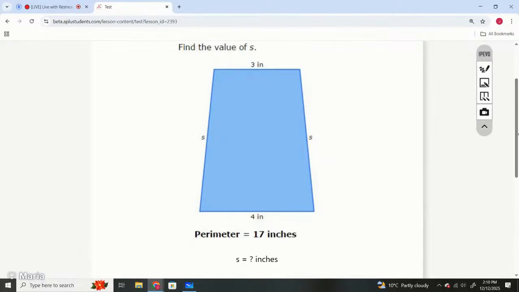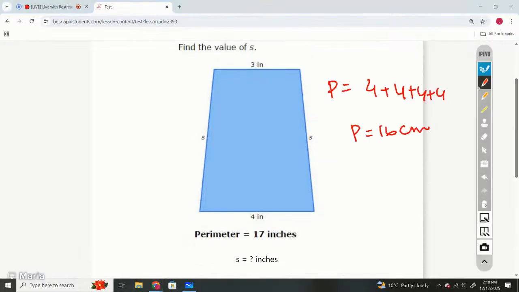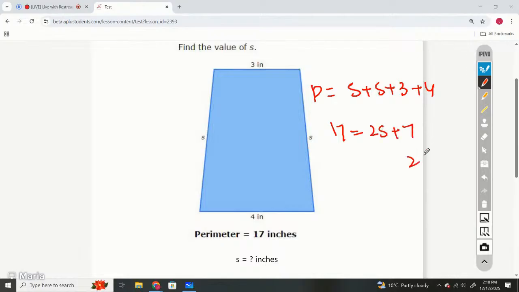Find the value of S. That is P is equal to S plus S plus 3 plus 4. So the perimeter is equal to 17 inches. 17 equals 2S plus 7. 2S is equal to 17 minus 7. 17 minus 7 is 10. 10 is equal to 2S.